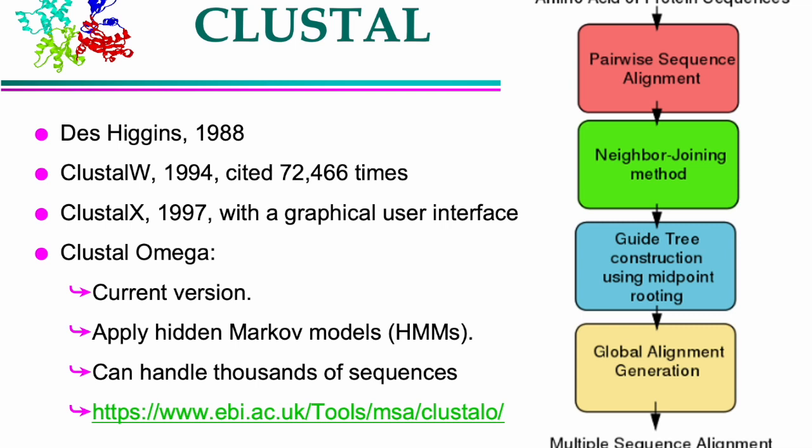It applies a method called hidden Markov model. The hidden Markov model basically means you study the relationships between neighboring sequences and use those sequence relationships to help you do the alignment.